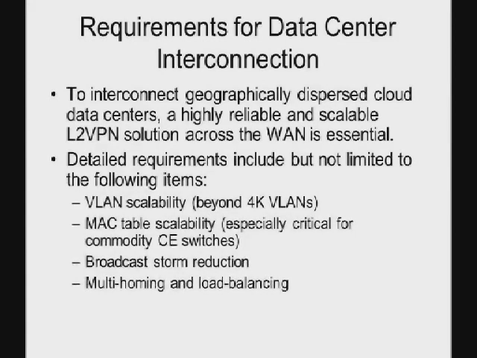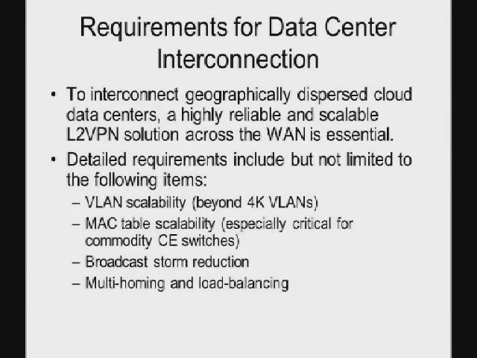But if we just extend the layer 2 domain across multiple data centers, the C switches, especially the commodity C switches, will need to learn more MAC addresses. Not only the local MAC addresses, but also the remote MAC addresses. So it will become a big challenge.